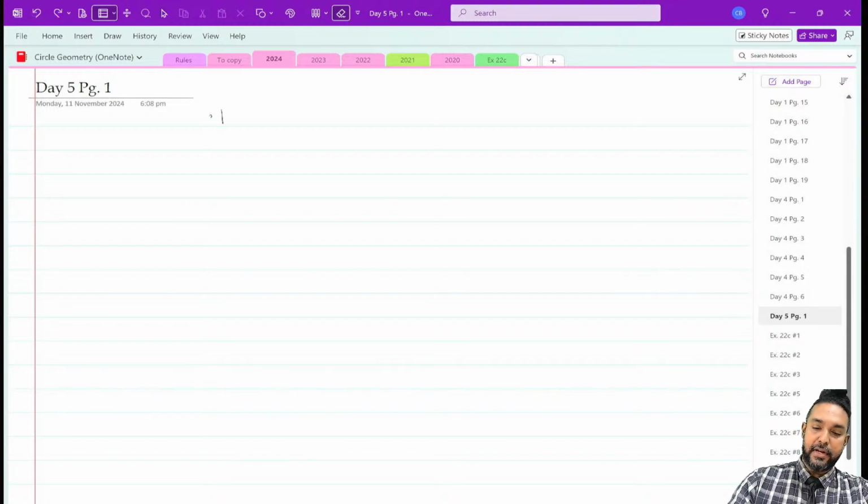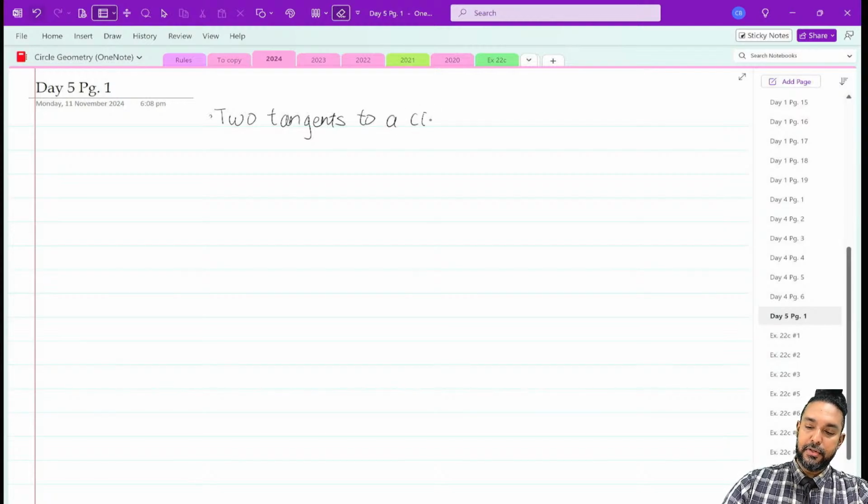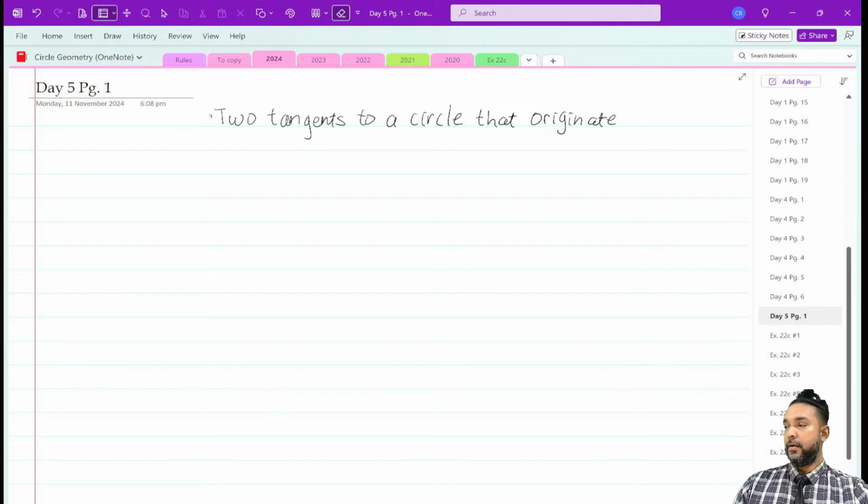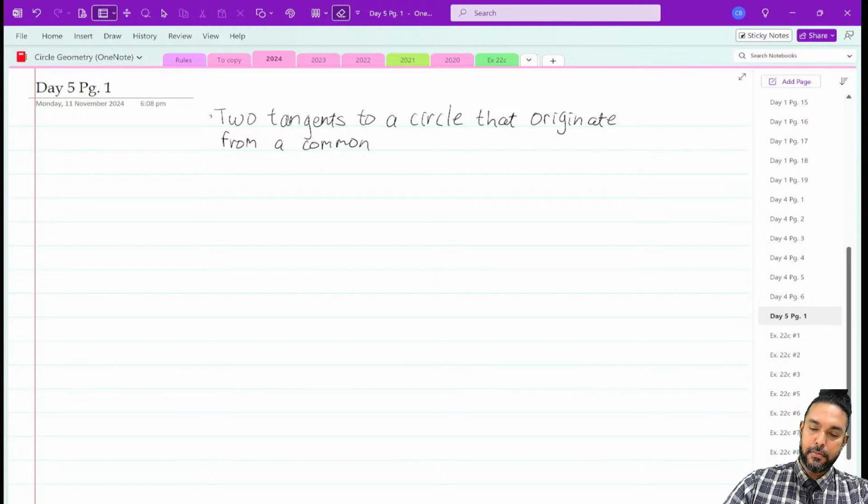So the heading today is two tangents to a circle that originate from a common external point.